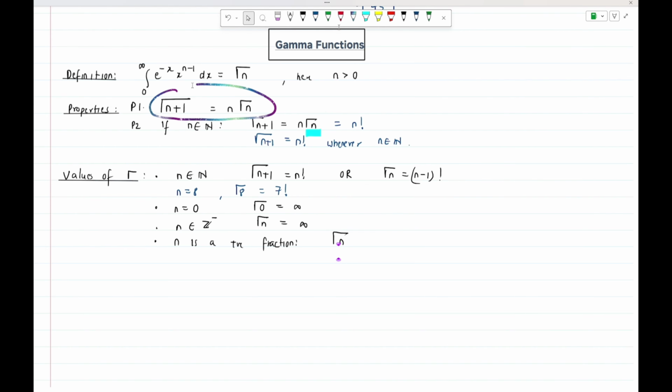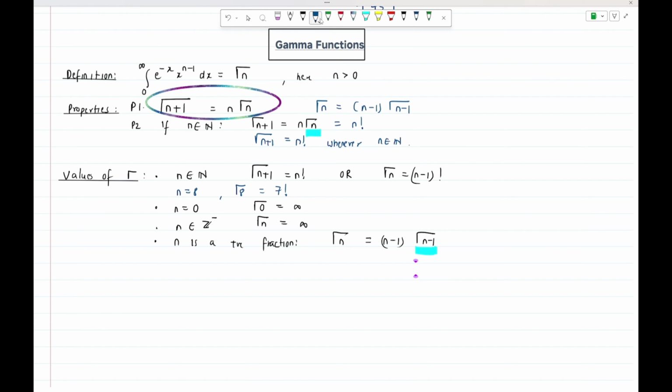And you can just see that we could rewrite this for gamma of n. So gamma of n is going to be n minus 1 times gamma of n minus 1. We implement this property and it is going to look like this, n minus 1 times gamma of n minus 1. Now again, we can apply the property to gamma of n minus 1.